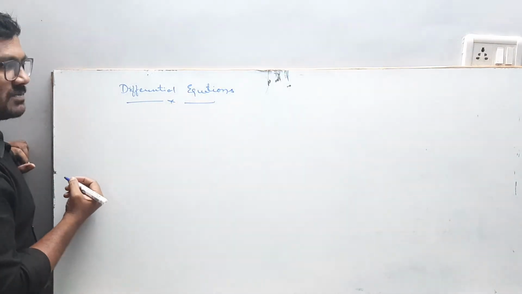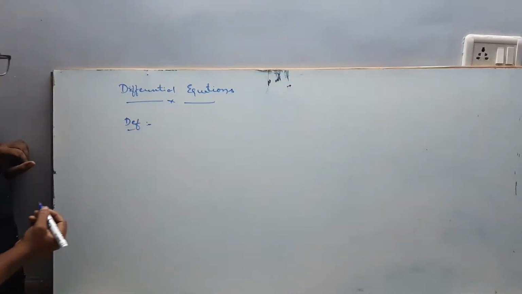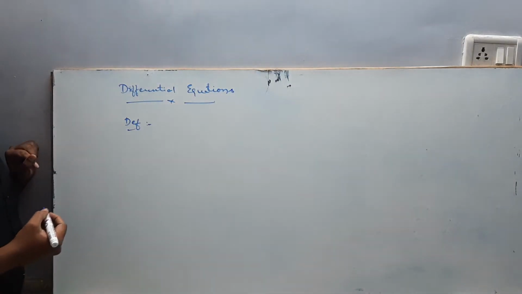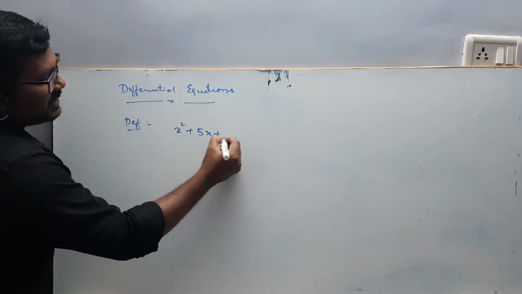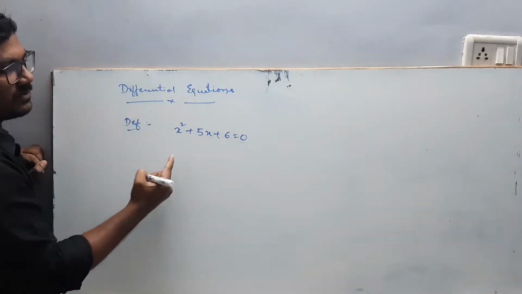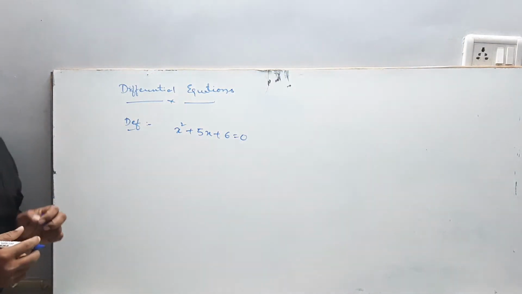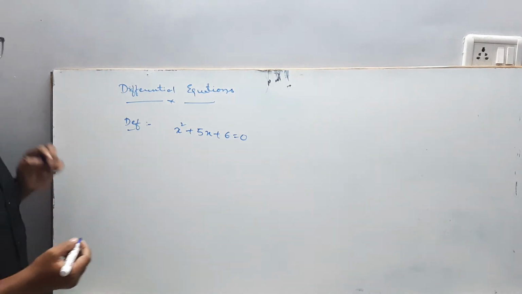So actually, what is meant by differential equation? First we have to study the definition of the differential equation. Before we go about the definition of the differential equation, if you take any equation as ax square plus 5x plus 6 equal to 0, we'll say it is an equation with x as a variable.